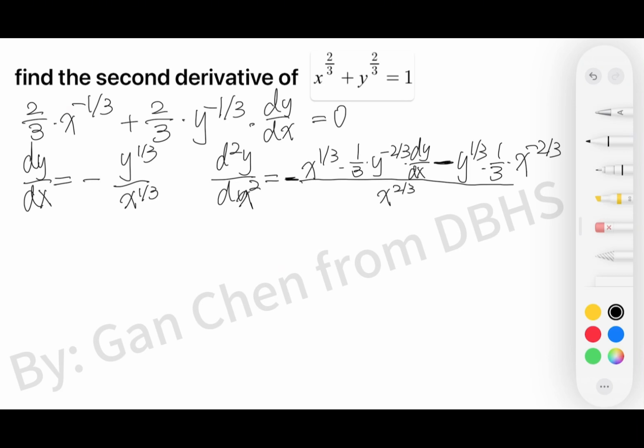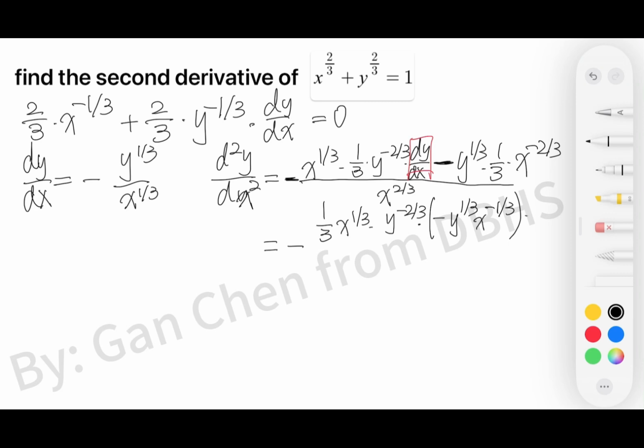So now, for one thing, we want to get rid of this dy over dx, right? So let's punch it in. This is easy. So it's negative a third x to the 1/3 power times y to the negative 2/3 power times negative y to the 1/3 power x to the negative a third power.